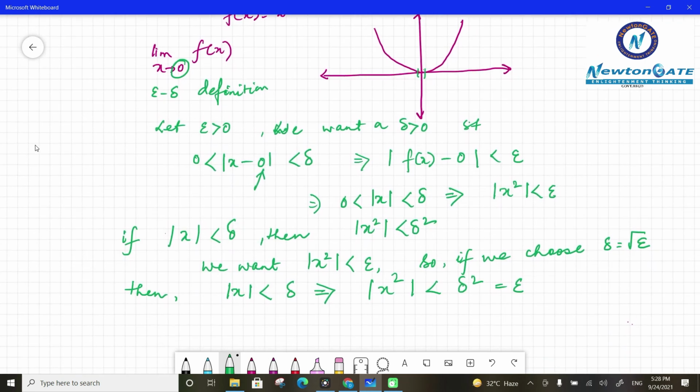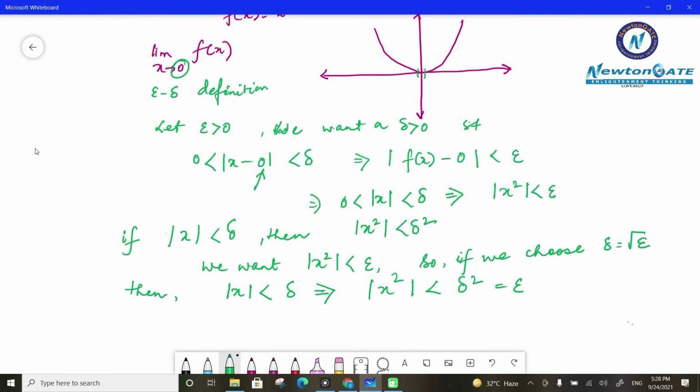Okay, so yes, I'm getting x square is less than epsilon, and for delta greater than 0, if epsilon is greater than 0, what do we get?